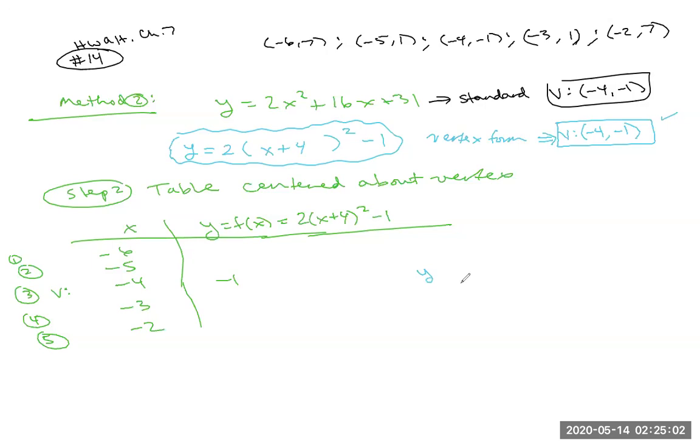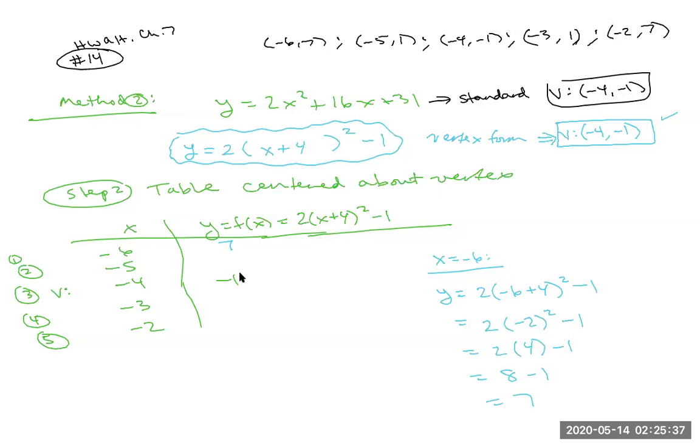When x is equal to negative 6, y is equal to 2 times negative 6 plus 4, the quantity squared, minus 1, which is 2 times negative 2 squared minus 1, which is 2 times 4 minus 1, which is 8 minus 1, which is 7. Confirm, negative 6, 7 was a point that we should have had on the graph. So if we repeat this process, we will get the same points here.